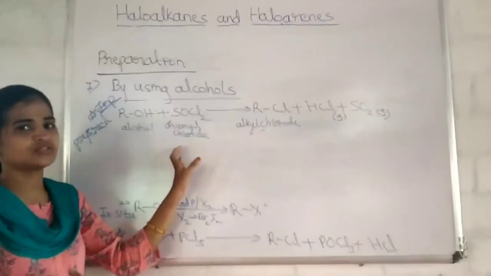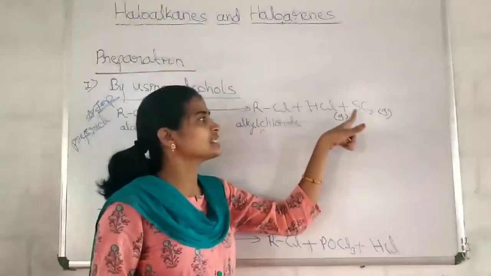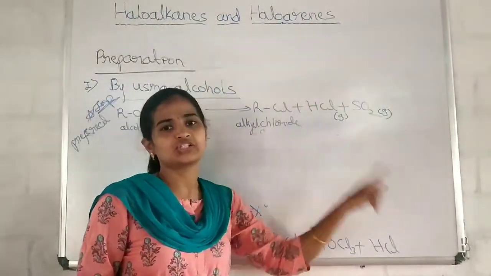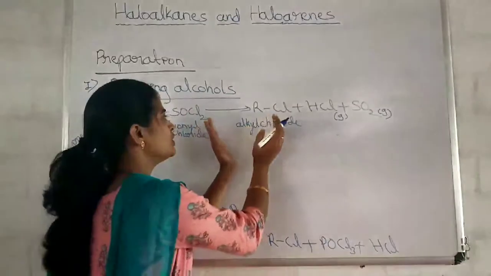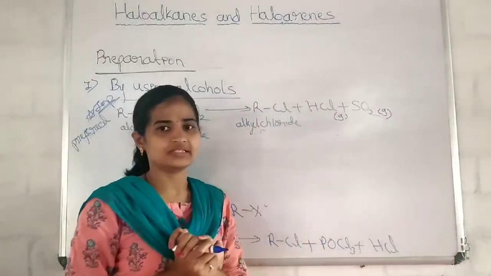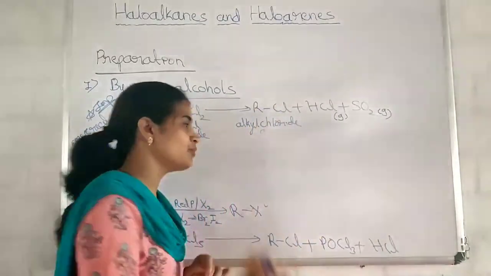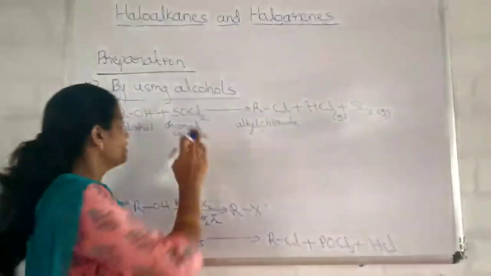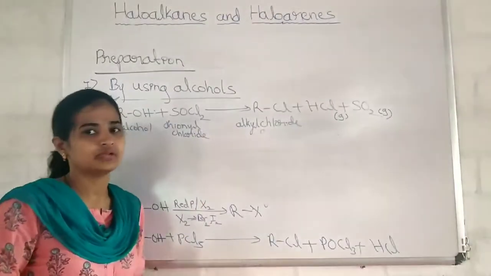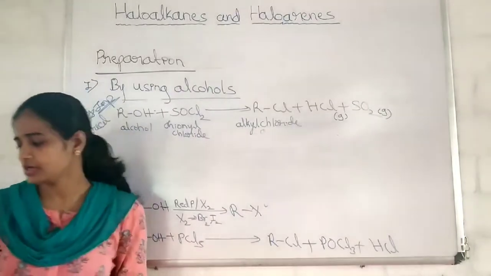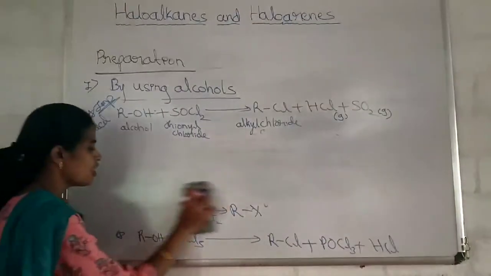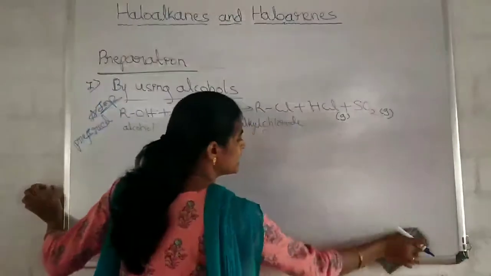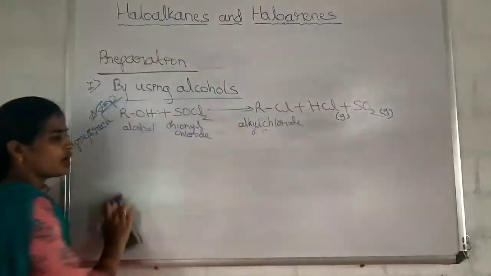When we carry out this reaction, HCl gas and sulfur dioxide gas escape from the reaction mixture, and only pure alkyl chloride remains. Therefore, this is the most preferred method. This is all about the preparation of alkyl halides using alcohols.